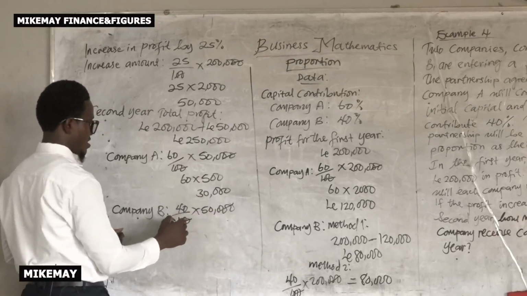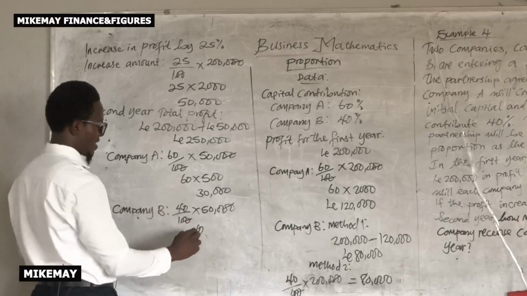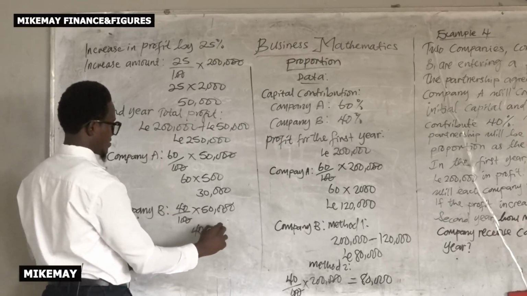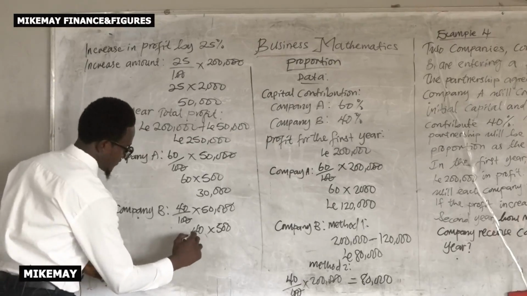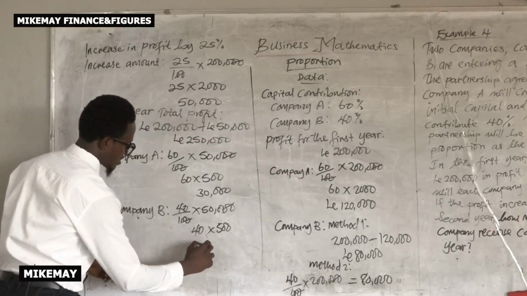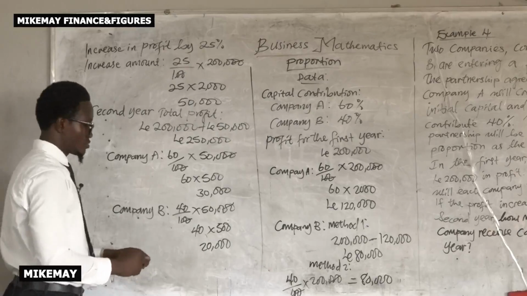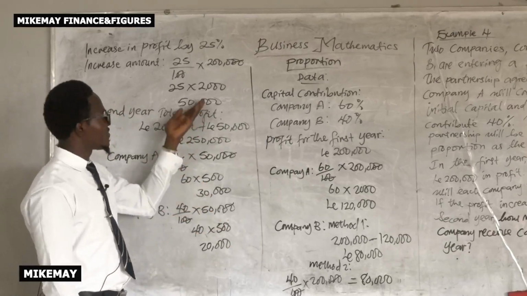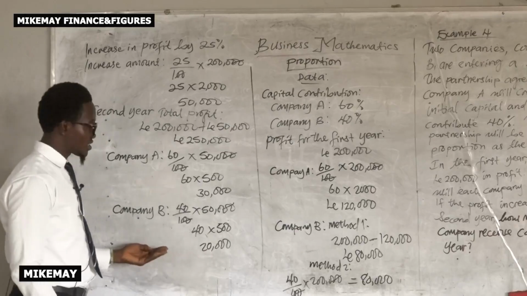Work this out and you'll see that we are left with 40 here and we have 500 here. If that is being multiplied 4 times 5, we should be able to get 20,000. Okay, this is just method 2. Method 1, you can easily just subtract 30 from the overall. You can get the same amount, which is 20.